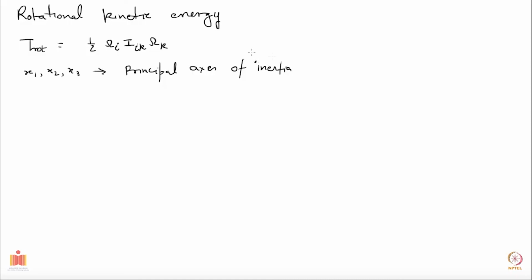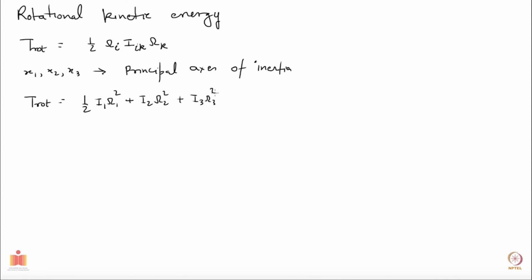Once I do that, my inertia tensor becomes diagonal, and in that case my rotational kinetic energy becomes I1 omega 1 squared plus I2 omega 2 squared plus I3 omega 3 squared, with the half in front.